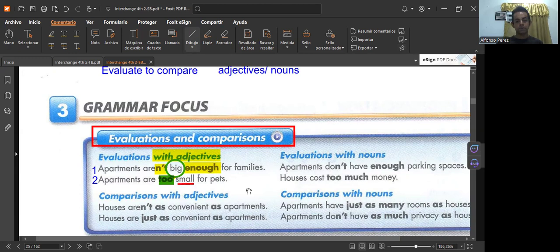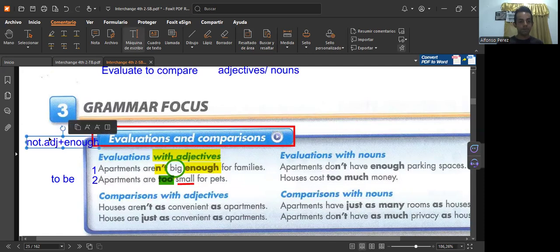The main verb here is the verb be. We use the verb be when we work with the adjective. So the first structure is not, adjective plus enough.